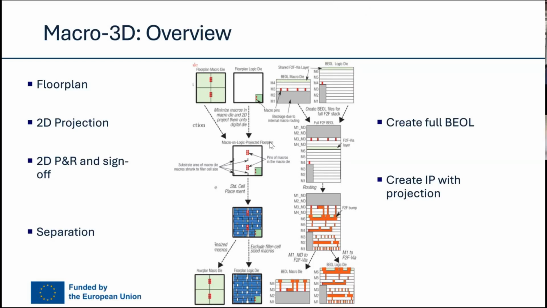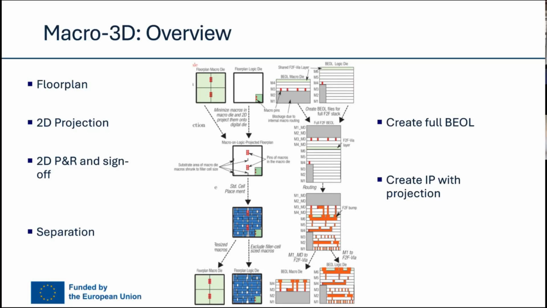If now we move to the right side, the fundamental steps that we have are first the floor planning, where we try to define what should go to the top die, what should go to the second one. Then we have the 2D projection step, where we project the pins of the top die into the lower one.